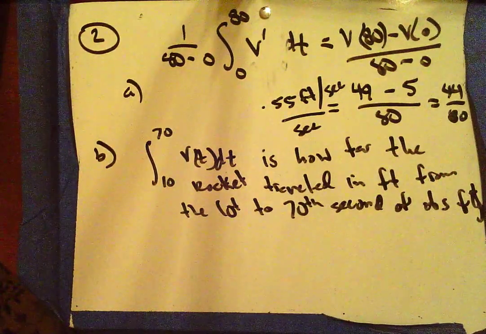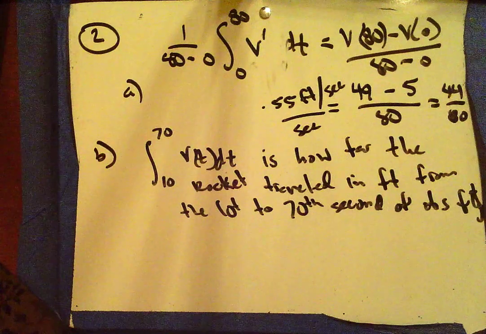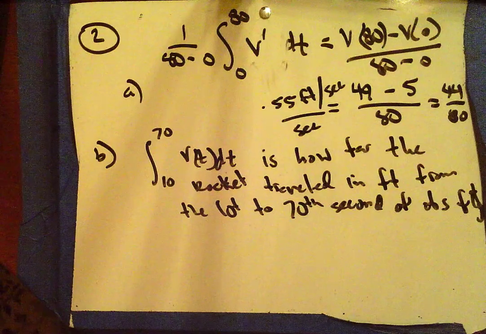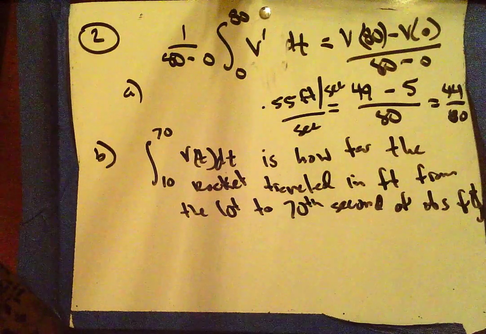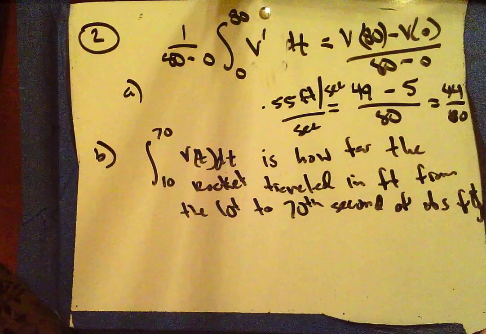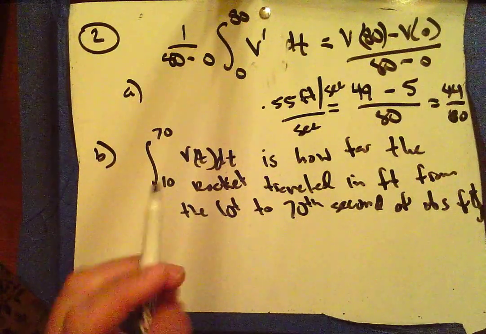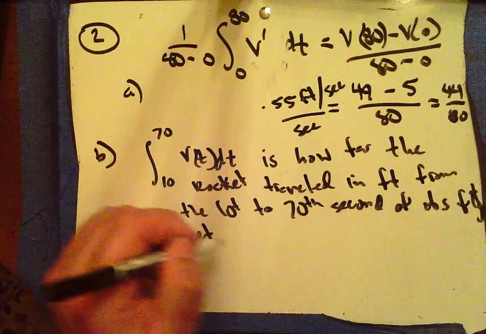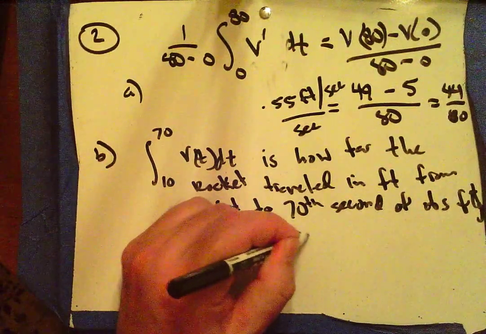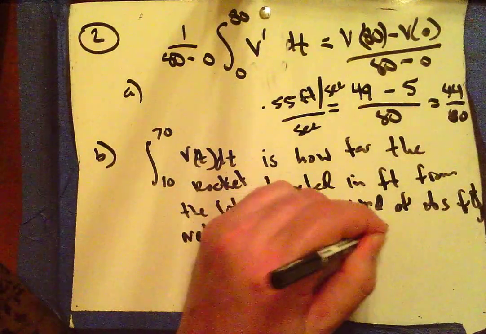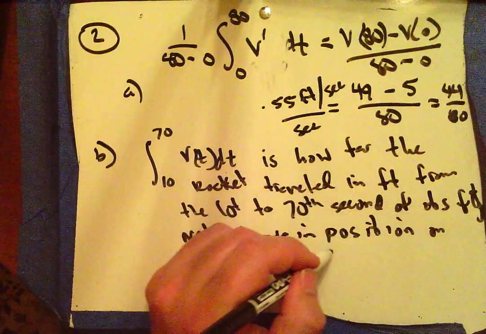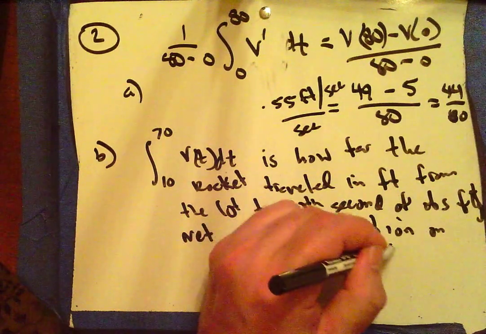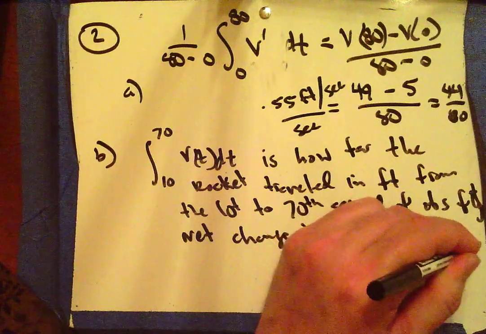And then we're supposed to use a midpoint Riemann sum with 3 subintervals of equal length to approximate that number of feet. I guess instead of how far the rocket traveled, I could also say net change in position from 10 seconds to 70 seconds.